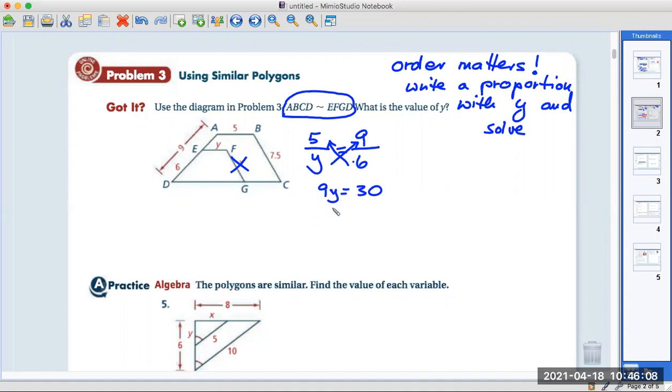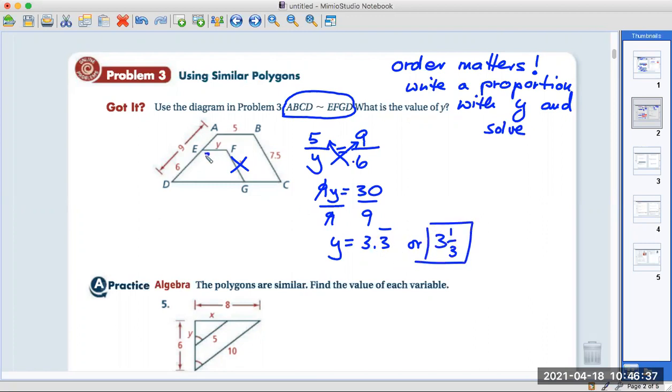Now that we have solved the fractions, you can solve for y by dividing both sides by 9. 30 divided by 9 is, when you use your calculator, you get 3.3 repeating, which is the same as 3 1/3. This answer is better than this one. So I'm going to box that.